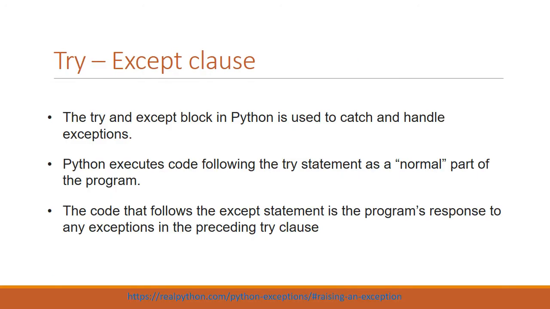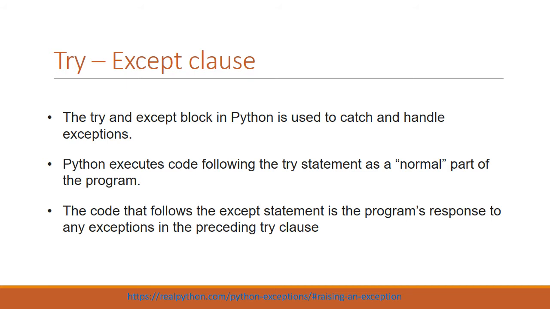Python provides a try except clause that allows us to catch exceptions that are thrown and to be able to handle them gracefully. The try and except block in Python is used to catch and handle exceptions. Python executes code following the try statement as a normal part of the program.